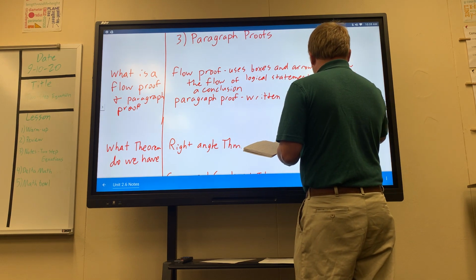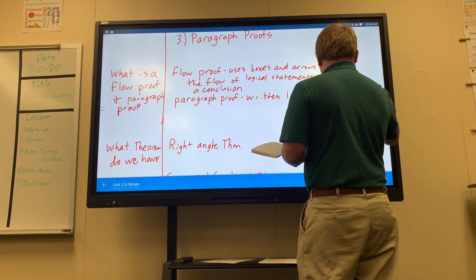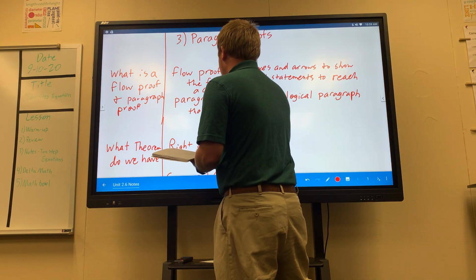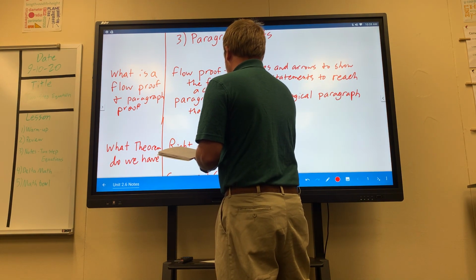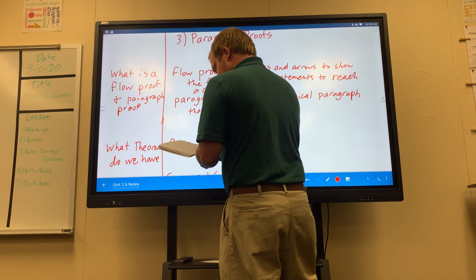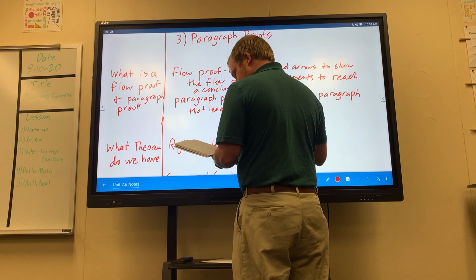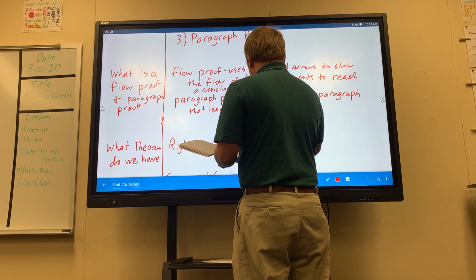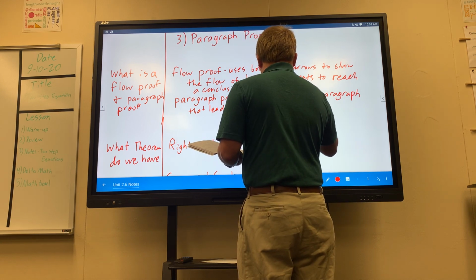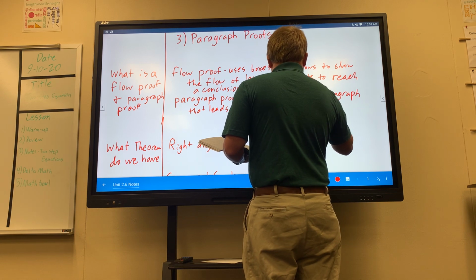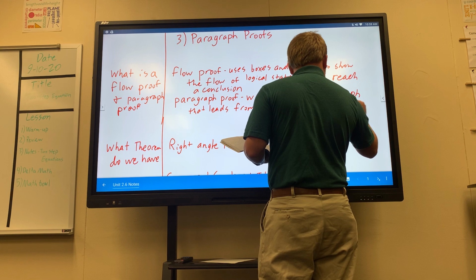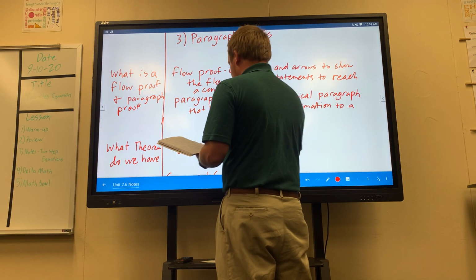A paragraph proof is a written logical paragraph that leads from given information to a conclusion.